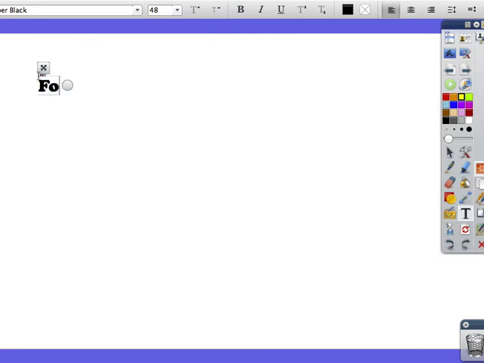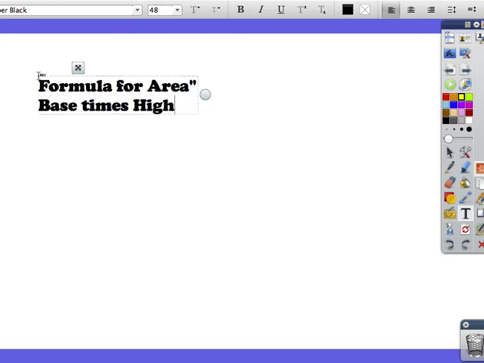The big idea for today's lesson is knowing the formula for area, which is base times height.